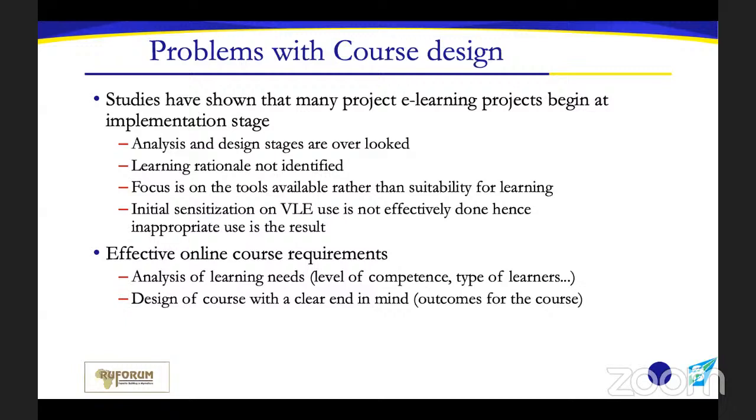So when we talk about the requirements that are needed in any course content development process, we talk about things like the learning needs. What do our learners need? And these needs can come at a different level, as we shall see in the coming slides.